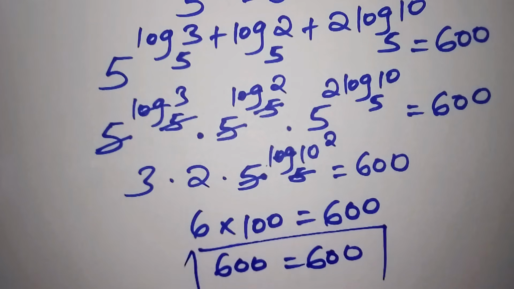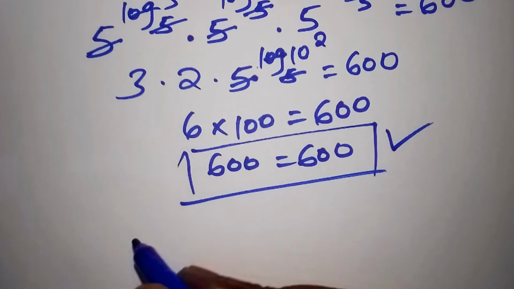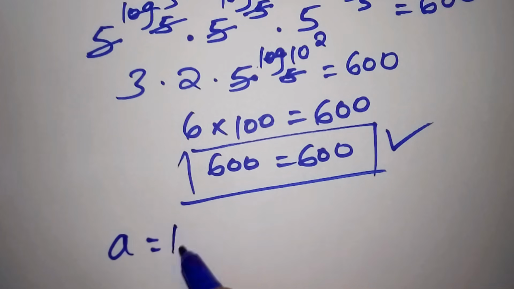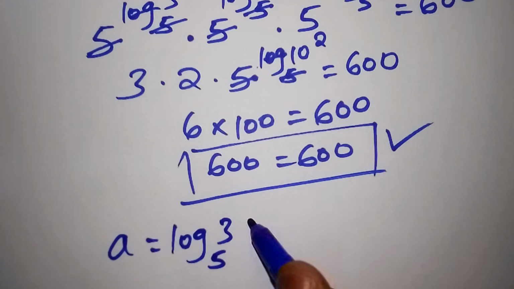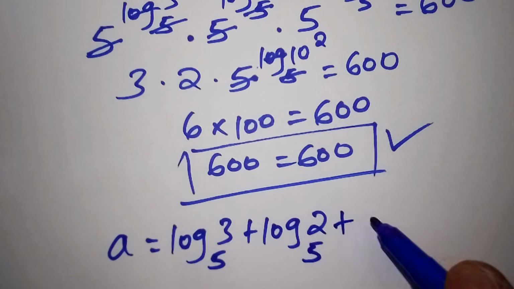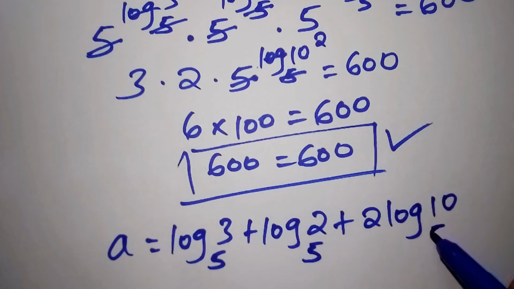So it means that the answer that we got earlier is correct, when you say that the correct value for a is equals to the log of 3 to the base of 5, plus the log of 2 to the base of 5, plus 2 the log of 10 to the base of 5.